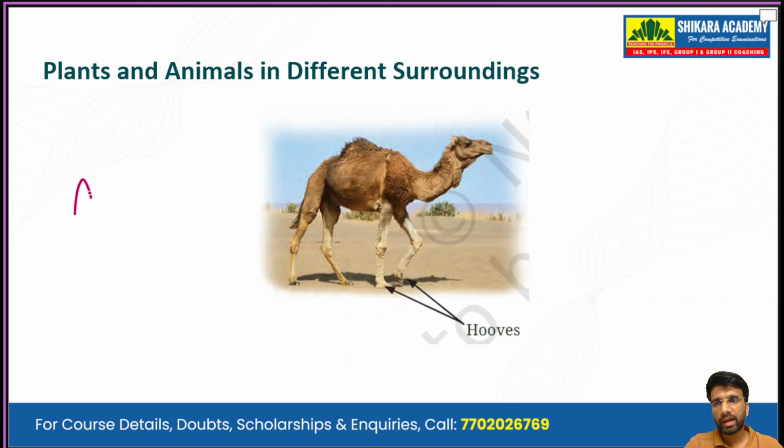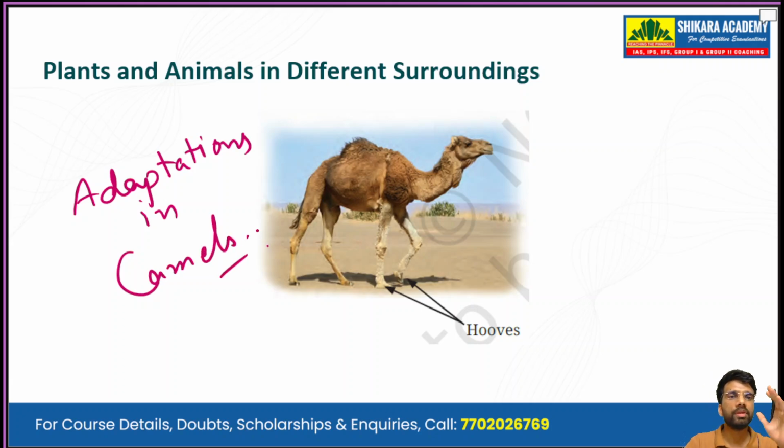Now let's discuss the adaptations in camel. Camel of the hot deserts has long legs with wide hooves. Long legs and wide hooves help these camels to walk on the sandy desert without sinking into the sand.